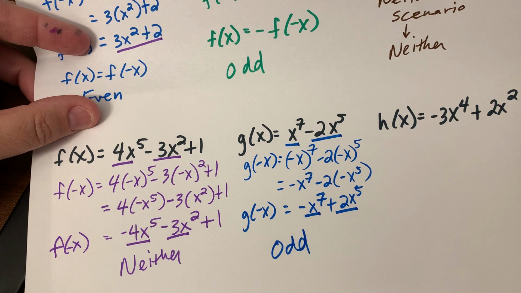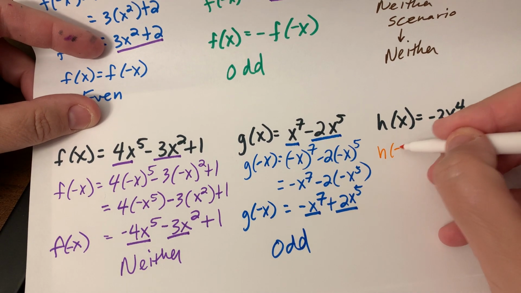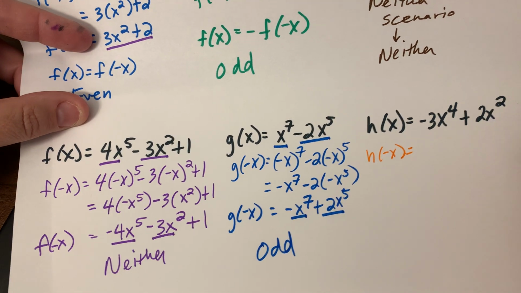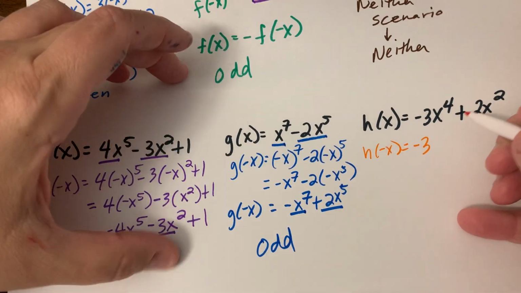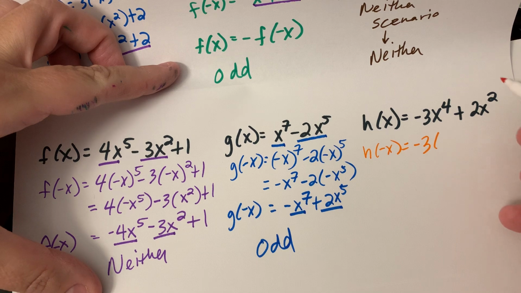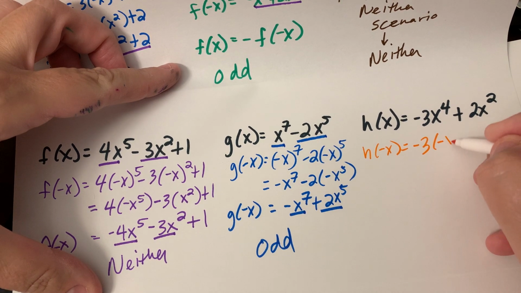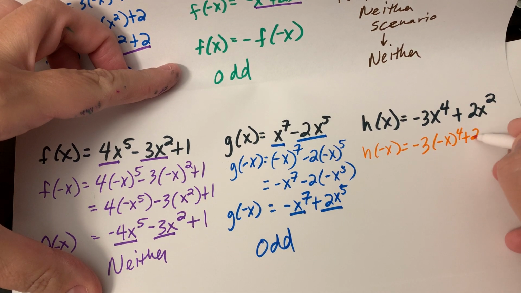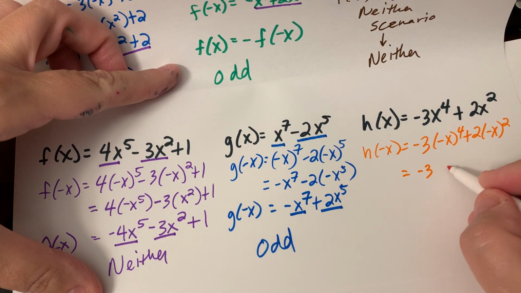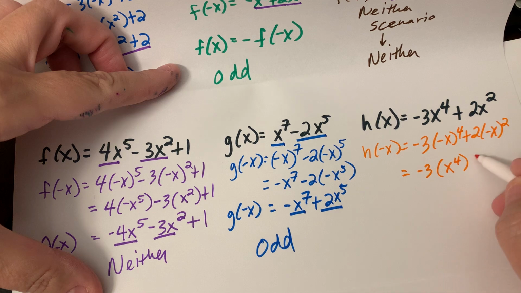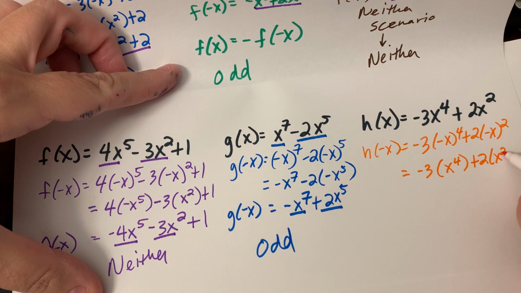Finally, in our last function, h of x, we're going to find h of negative x. So we've got negative 3, this is bouncing all over, times negative x to the 4th plus 2 times negative x to the 2nd. I've got negative 3 times an x to the 4th plus 2 times an x squared.